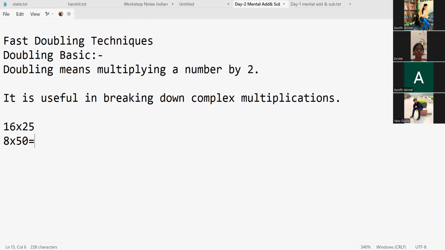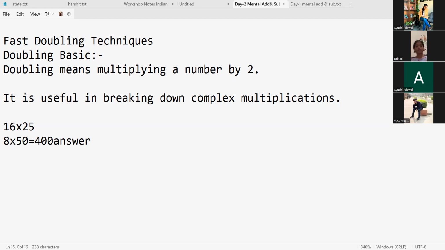And 8 fifties are 8 fives are 40, and one more zero, that is 400. That is the answer. Basically, we use doubling to make difficult things easier.